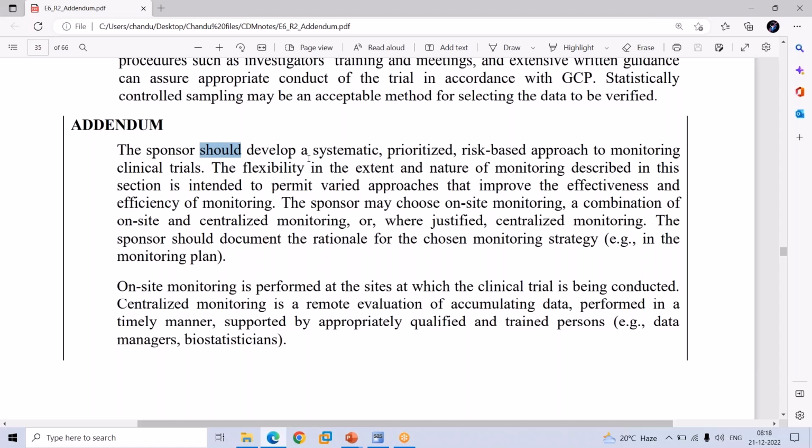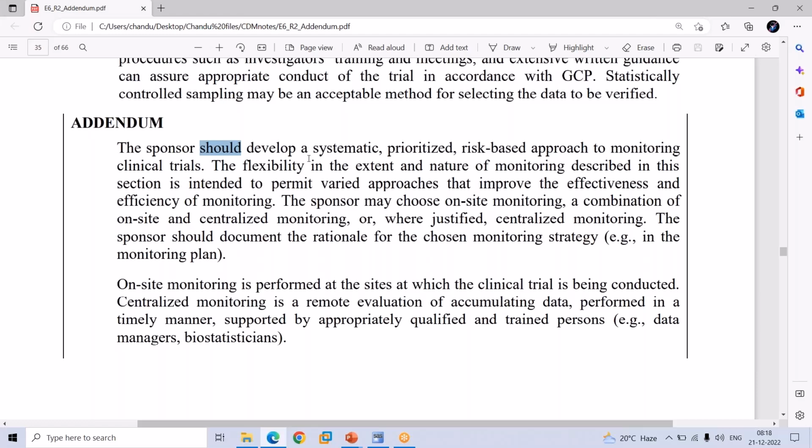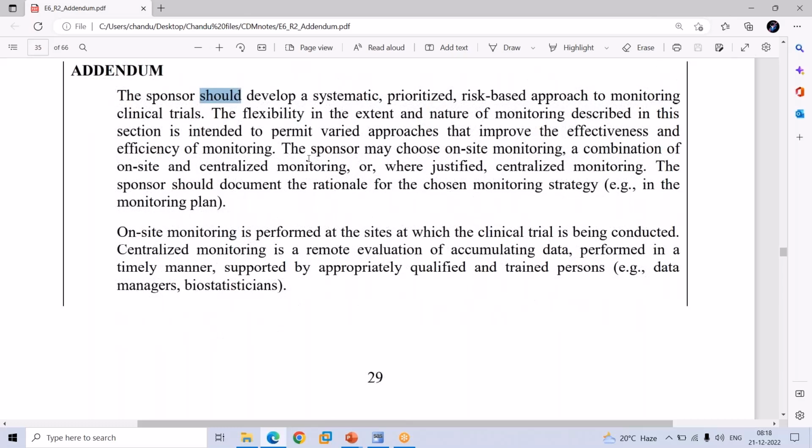Okay, so the sponsor should document the rationale for choosing the monitoring strategy. Generally, we'll have a monitoring plan also. Okay. On-site monitoring is performed at the site at which the clinical trial is being conducted.